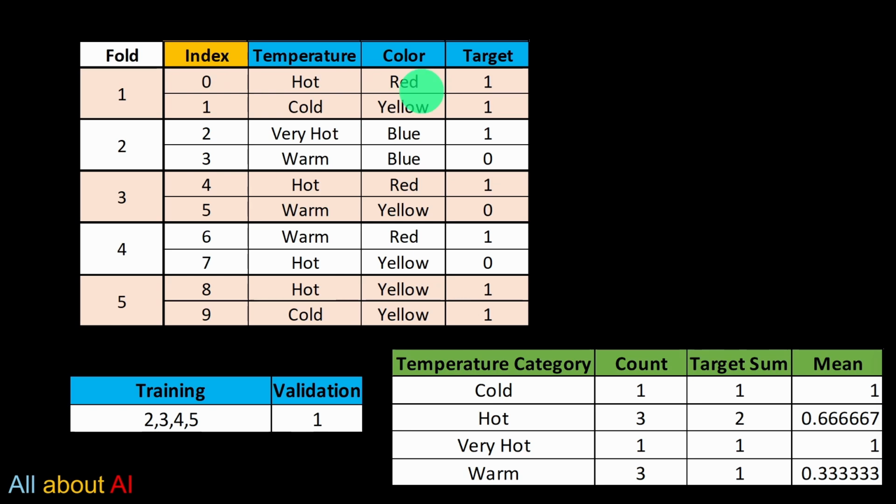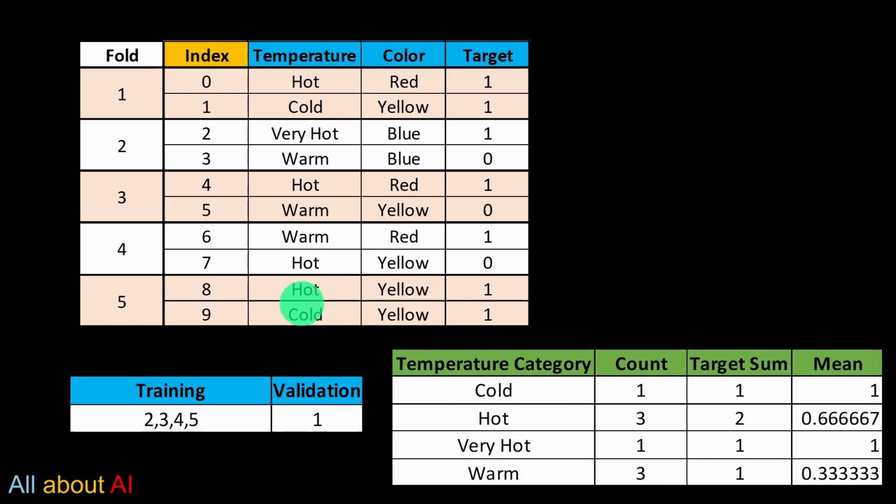So if you see here, we will just take the example of temperature, and how it is calculated. For this scenario, the temperature category has cold, hot, very hot, and warm. Count-wise, cold is 1. So you can see for these 4 folds, there is only one cold, which is this one, and the target is also 1. So the sum of the target is 1.